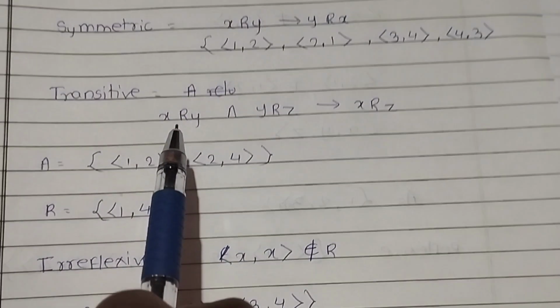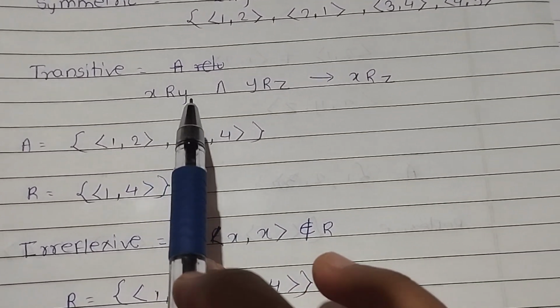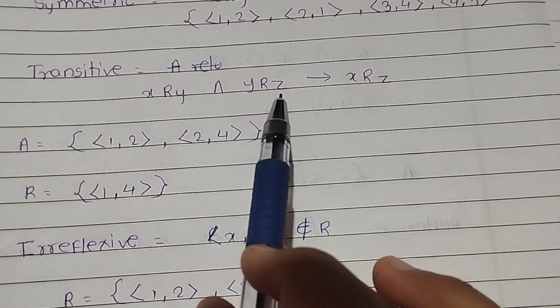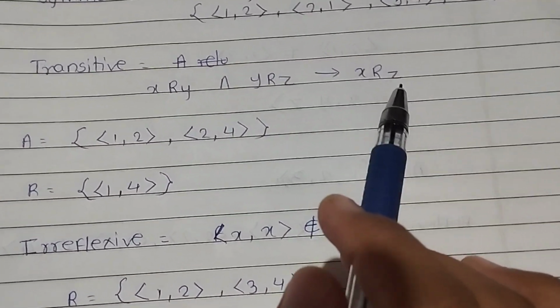Now the transitive property. Transitive means if x is related to y and y is related to z, then x is also related to z.